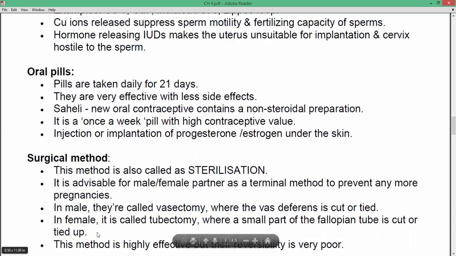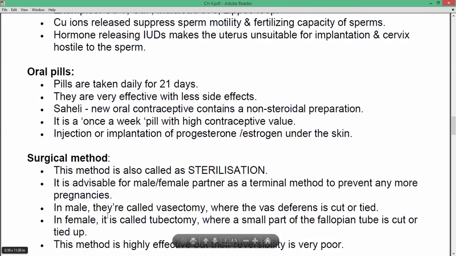Either a male or a female, not both of them, any one of the partners may undergo this surgery in order to control the birth of babies, or we can say in order to control the population. In males, the surgery is known as vasectomy, and in females this surgery is known as tubectomy, right?